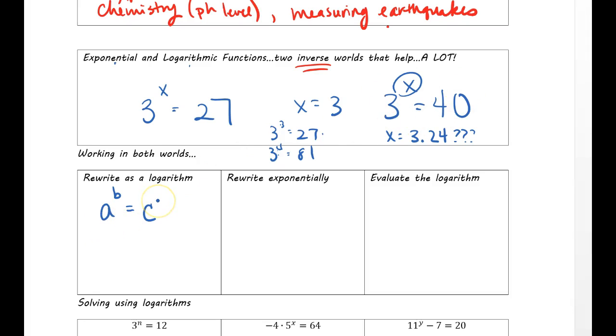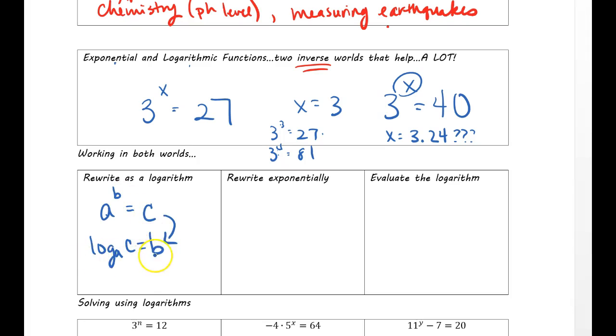Then to rewrite it as a log is to change this into log base A of C equals B. This A is a subscript. So whatever the base was here is now the subscript, or the base, of this log. And the B and the C trade places.